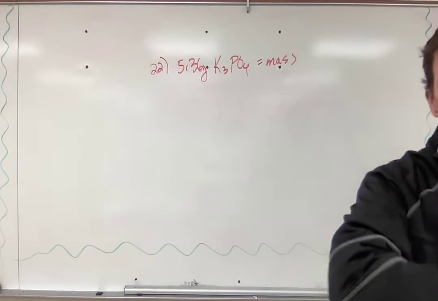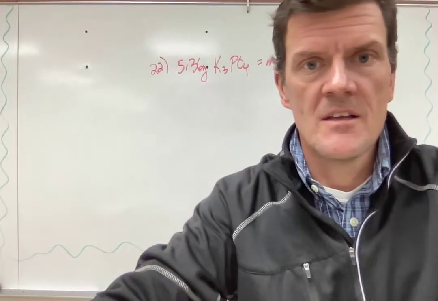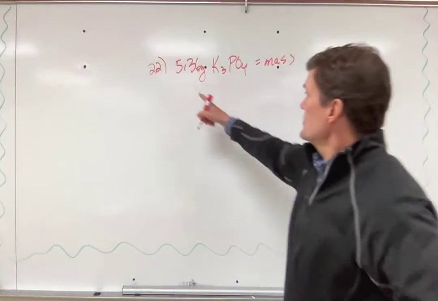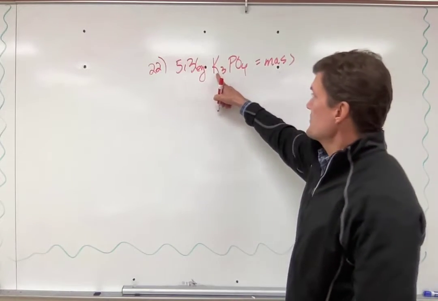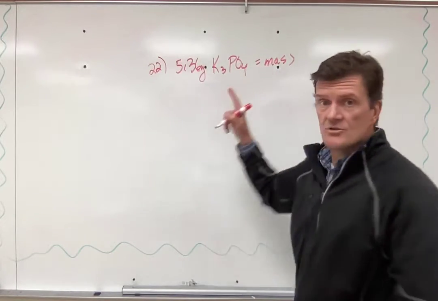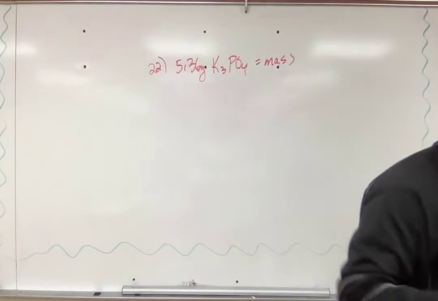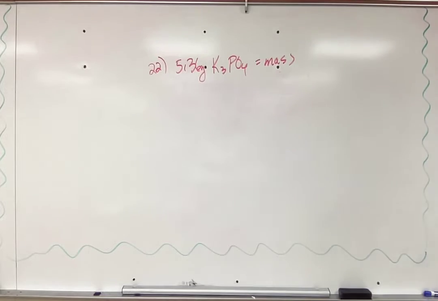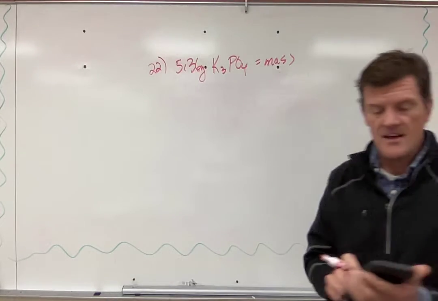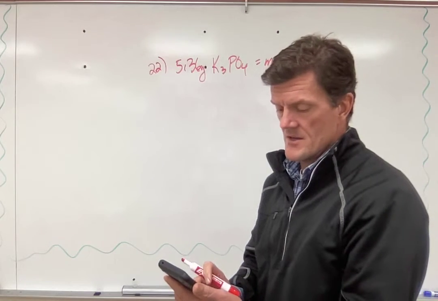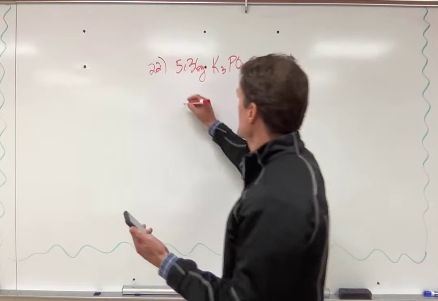Okay, so we have question number 22, 5.36 grams of potassium phosphate. That is the total mass, okay? So now we are told that we have a volume of 500 milliliters.